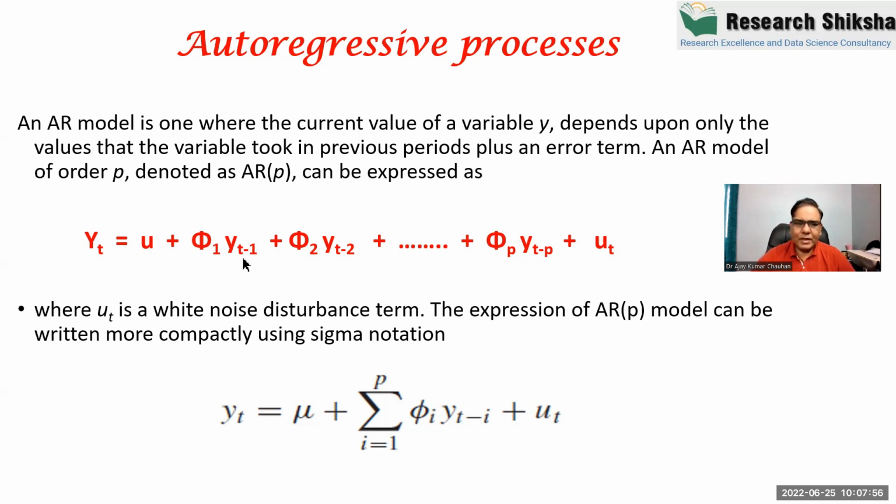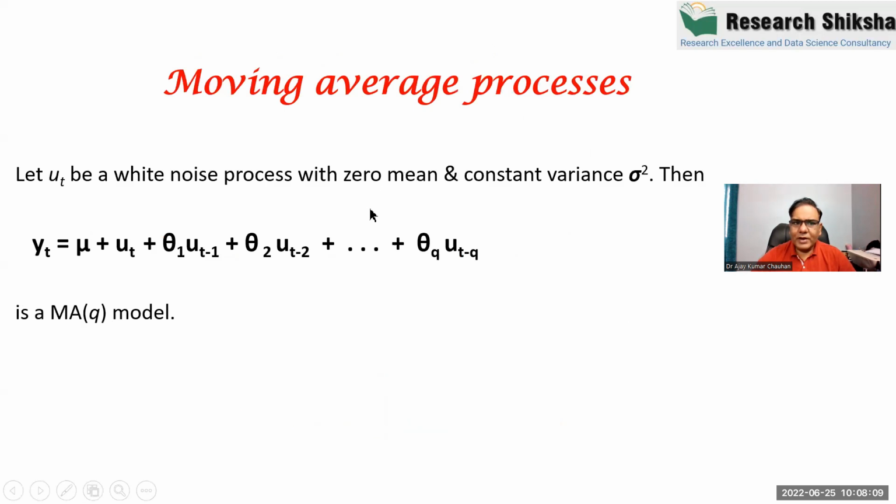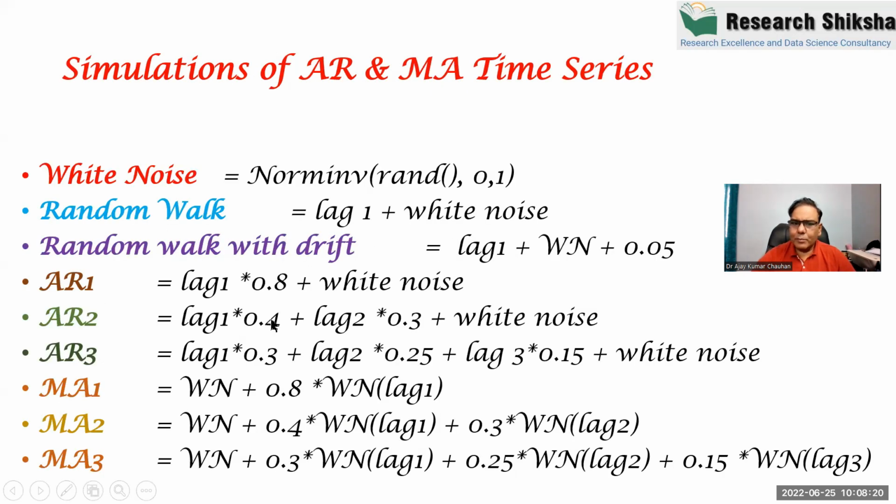So Yt depends upon the previous behavior of the series. This is called the autoregressive process. On the other side, we have the moving average. Yt depends upon the error term of the previous day, the error term of 2 days back, like this. This is the MA model.